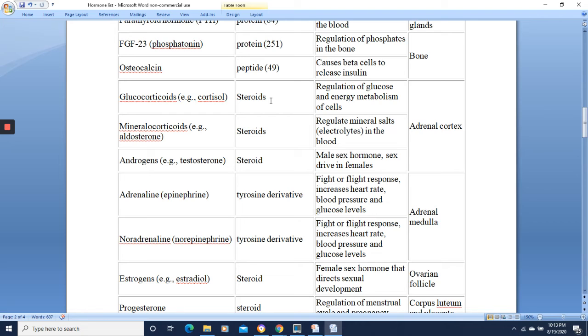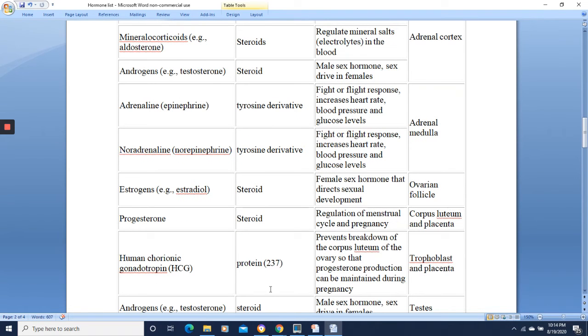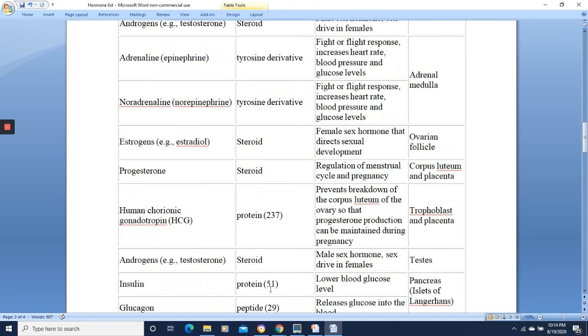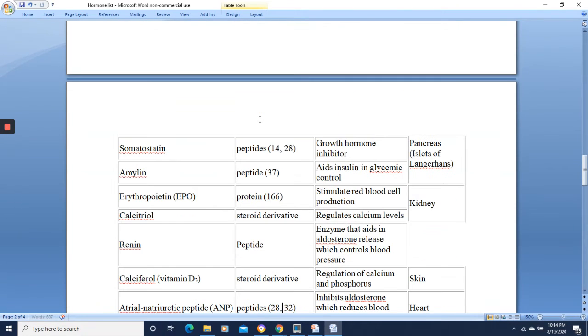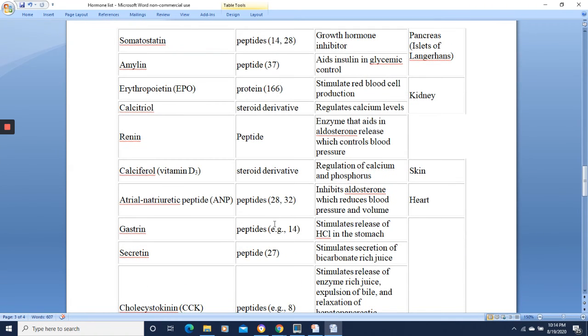But again, if you'll just memorize the ones that say steroid-based, then you'll be good to go. So there's 3 there. There's 2 more here, progesterone and estrogen. And then the androgens you see here are steroid. And then calcitriol is a steroid derivative. Calciferol, or vitamin D3, is a steroid. And I believe that is all of them.